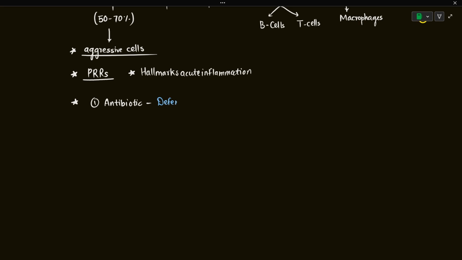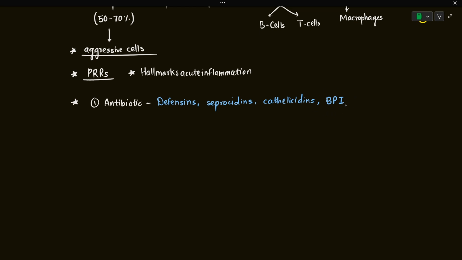So they will be having defensins. Okay, they will be having cathelicidins, all of them antibiotics. The BPIs, which are bacterial permeability inducing proteins.